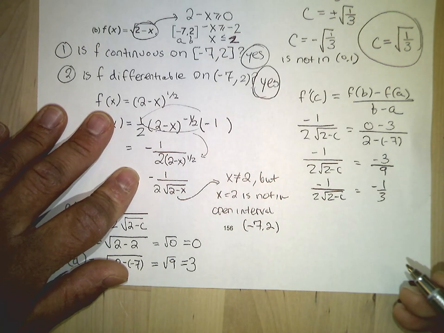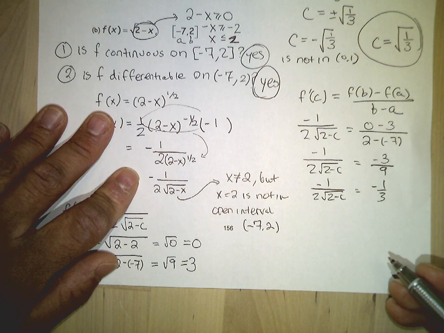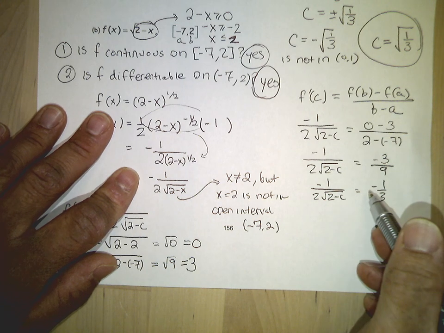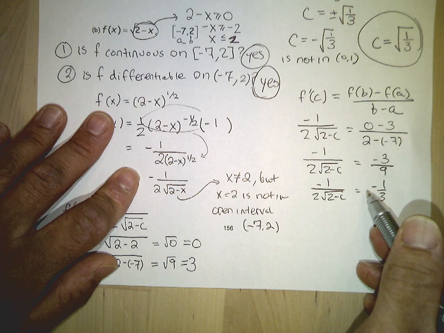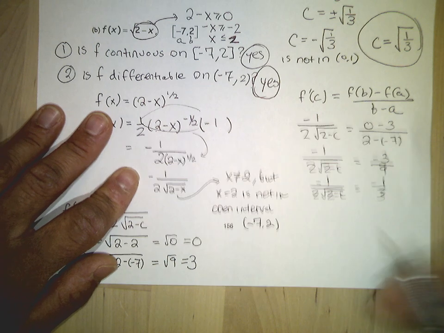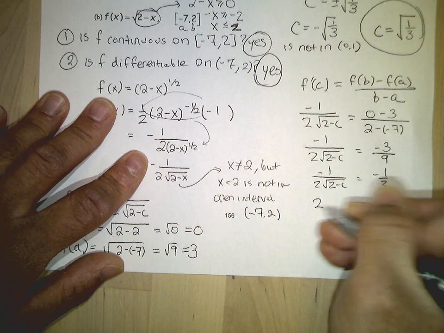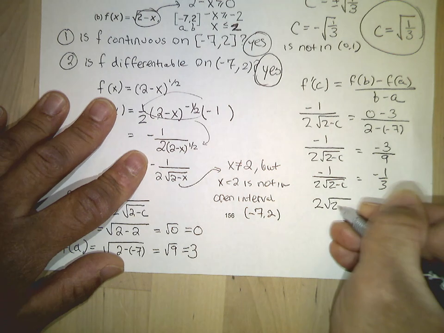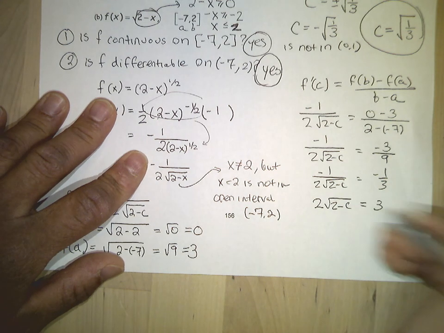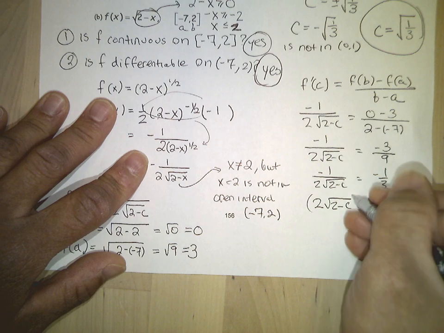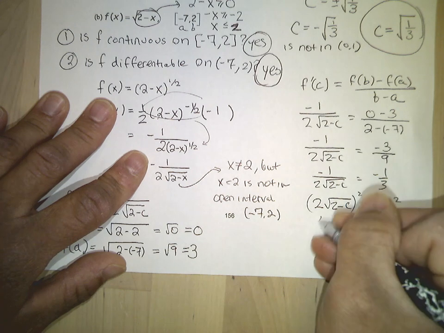Then solve this however you want. But if you notice, the numerators are the same. So all you have to do is set the denominators to be equal to each other. So 2 square root of 2 minus c is equal to 3. Then I will go ahead and square each side. So 2 squared is 4.